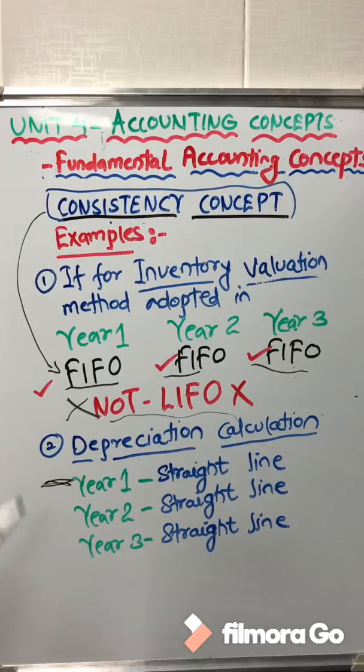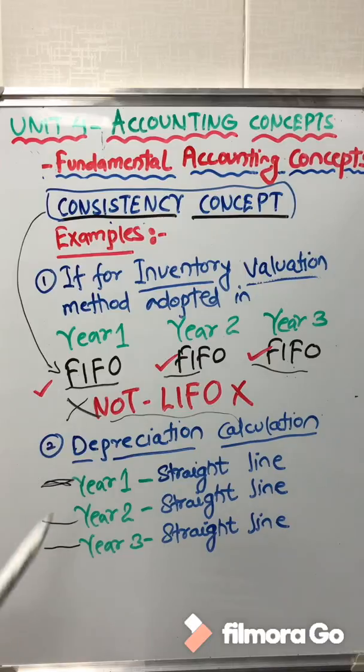So if we adopt the straight line method for the depreciation calculation in year 1, then it has to be consistent in the second year, and it has to be consistent, uniform, the same in all 3 years.